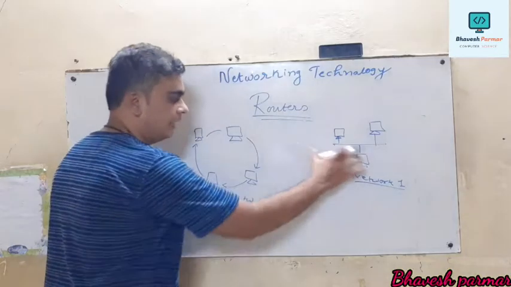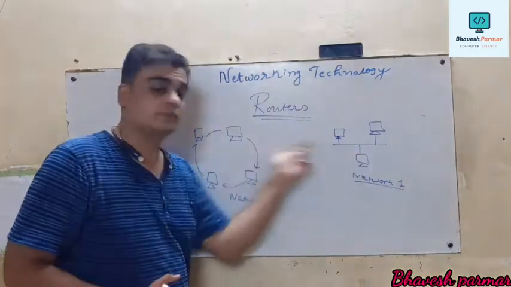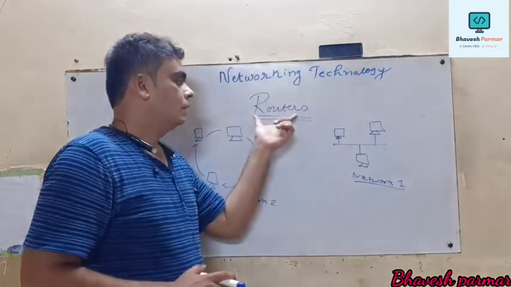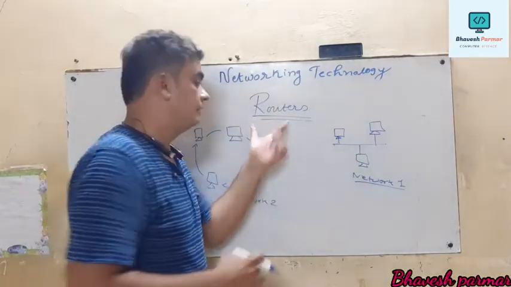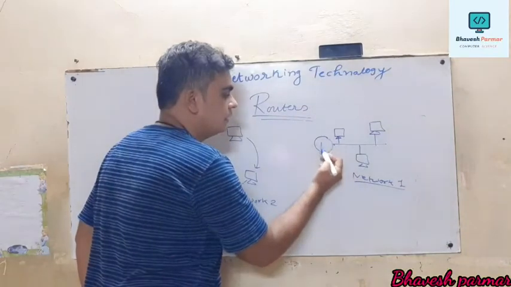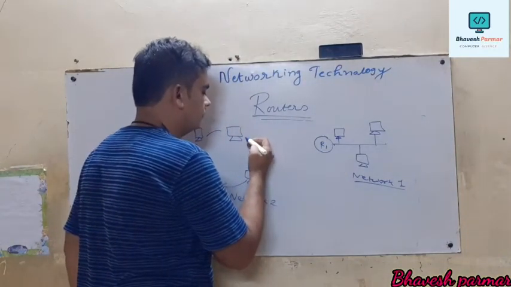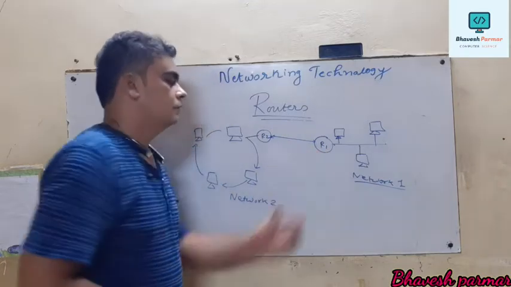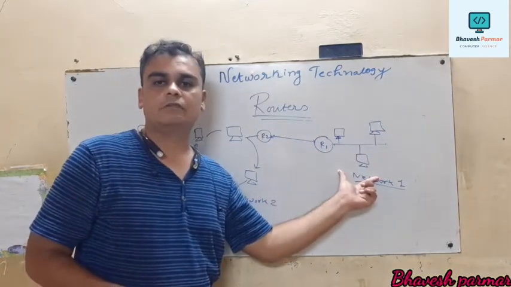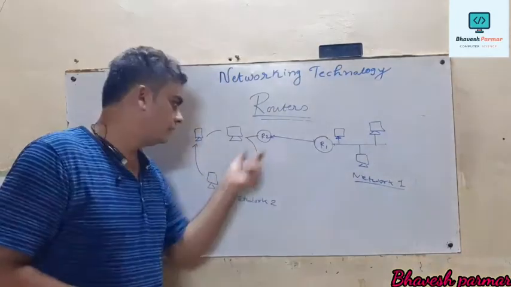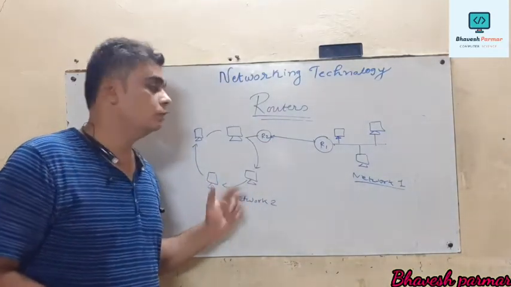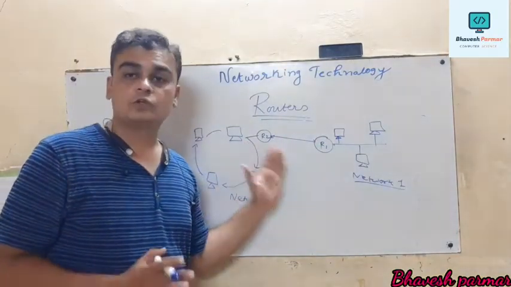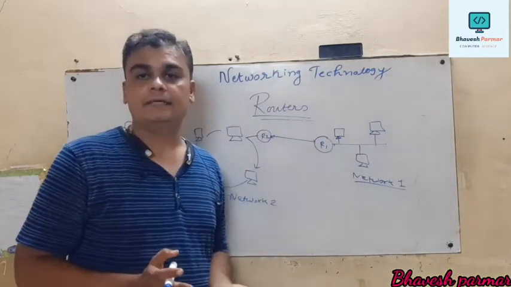This is my network 2, and if I want to connect these two networks with each other, which are situated at a long distance, routers are very beneficial. In this case I am using two separate routers. Suppose this is my R1 and R2. So this is router 1 for network 1 and I am using R2 for network 2. So we can communicate or connect these networks together to transfer the data.